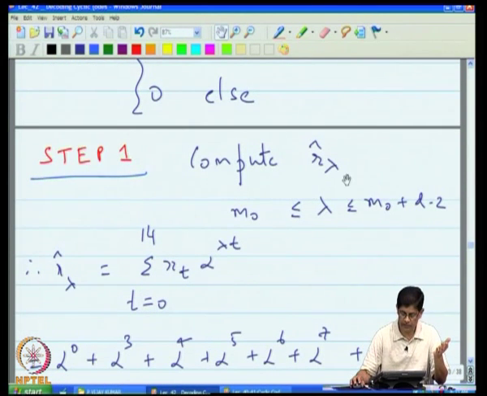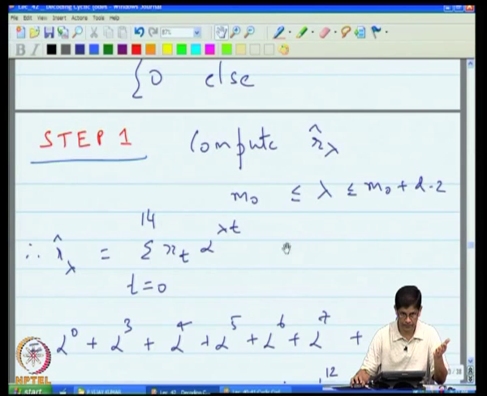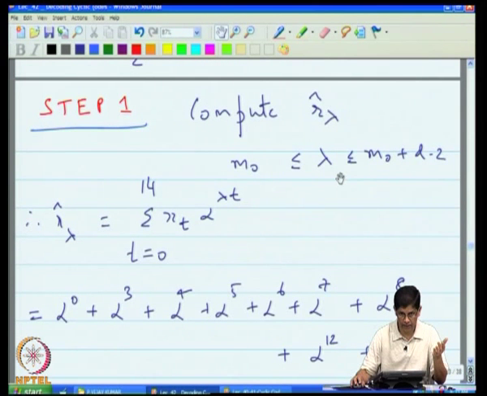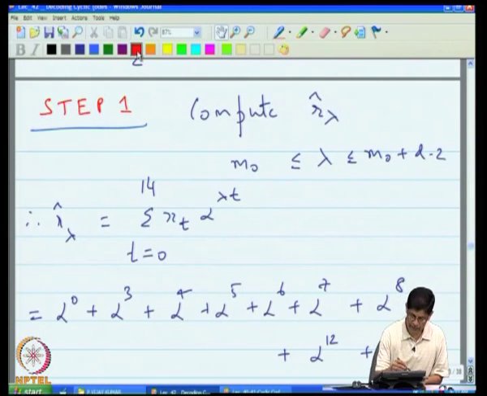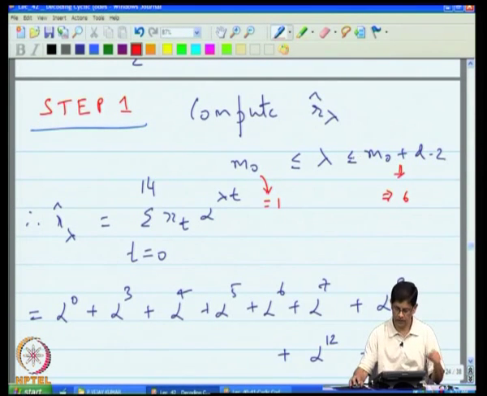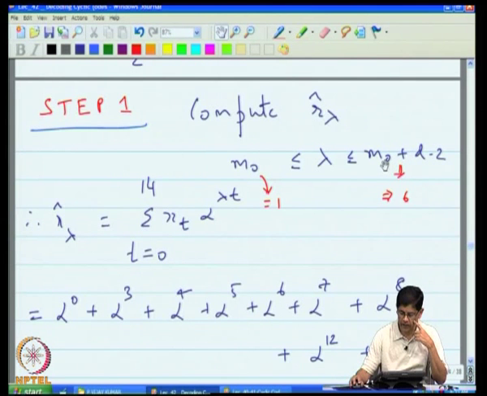The first step is compute r hat of lambda. Okay. For lambda, for the frequencies lying between m0 and m0 plus d minus 2. So, recall that here m0 is equal to 1 and this thing is equal to 6, okay, because this is 1 plus 7 minus 2, which is 6.